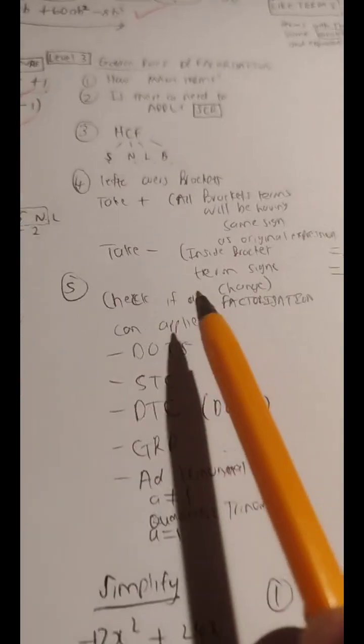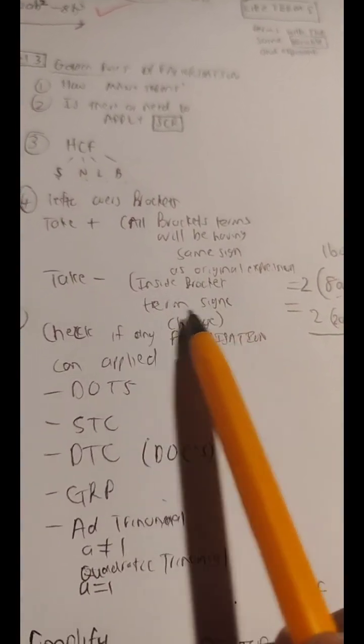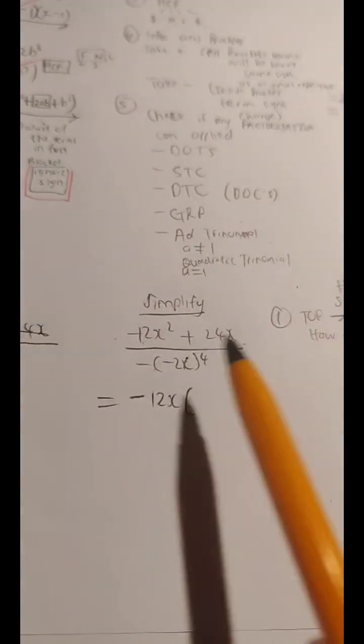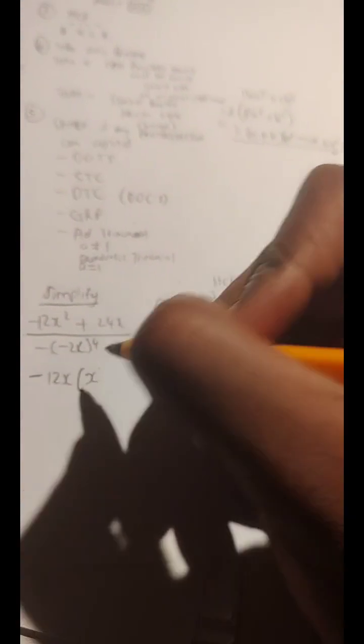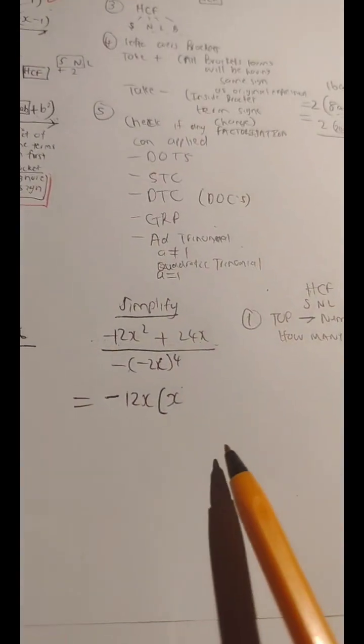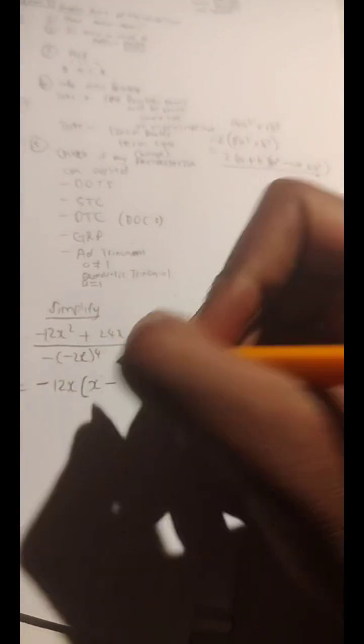Remember, if you take out a negative sign, inside the bracket the signs are going to change. This first term was originally negative, but now inside the bracket we are going to have something that is positive. It's going to be a positive x. And on the other side, it's going to be a negative.